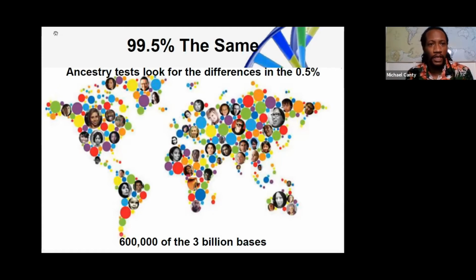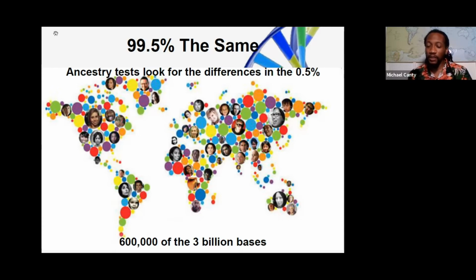So getting into that, all across the world, 99.5% of our DNA is the same. All humans share 99.5%. But that DNA strand, the double helix strand, is huge. I mean, it's tiny, it's microscopic, but it is a huge molecule in the nucleus of a cell. So there are actually 3 billion bases. Bases are those ladders that I showed you in the double helix.